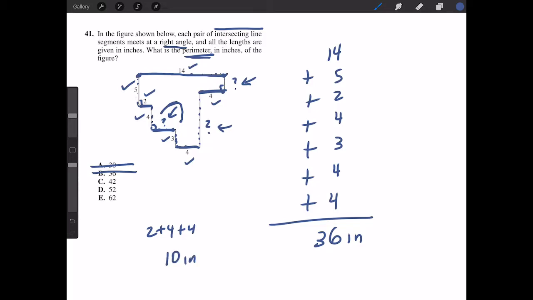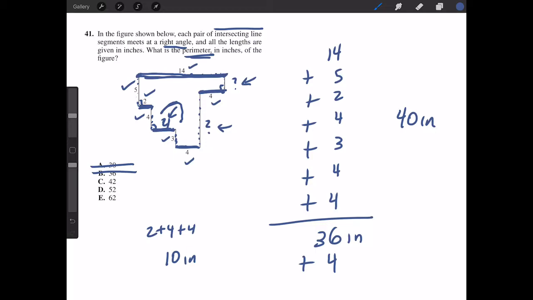But I know that this entire segment measures 14. So the difference is a measurement of this unknown value. In other words, 4 inches. Take a look. 2 plus 4 would be 6, plus 4 would be 10, plus 4 would be 14. Yes, the measurement of that entire side. Now that I know that one, I can add it to the list. So now I'm at 40 inches.